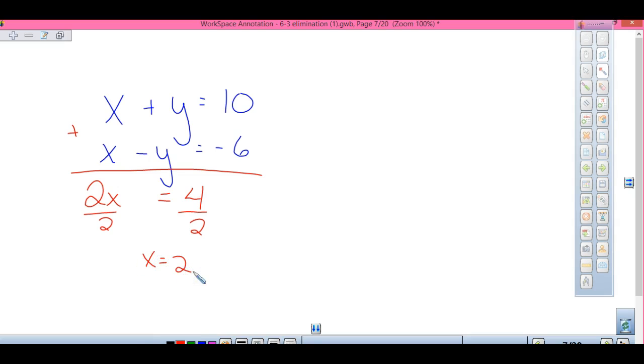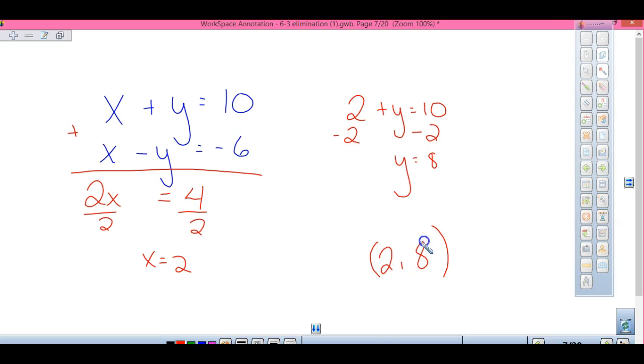I could have sworn. I was hoping for a different number, but I guess not. Okay, so now where am I plugging that back in? Back in for x. So on the top, if I plug it in for x, 2 plus y equals 10. Subtract our 2, y equals 8. So my solution is 2, 8.